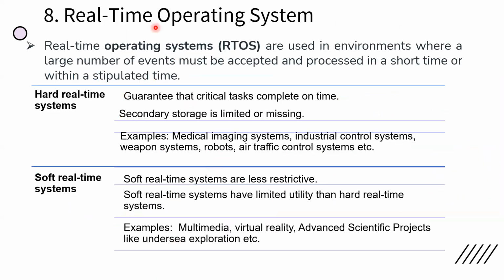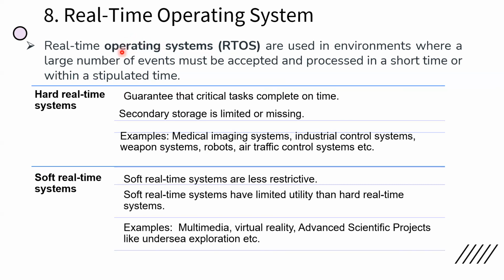The next type of operating systems are the real-time operating systems. For example, aviation or the health applications or robotics. In such kind of applications, whatever the data that is being generated has to be collected in real time and has to be processed.